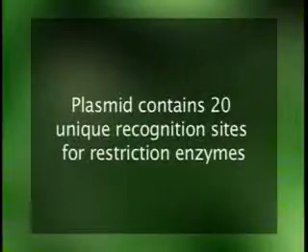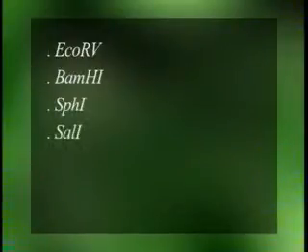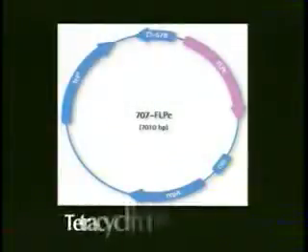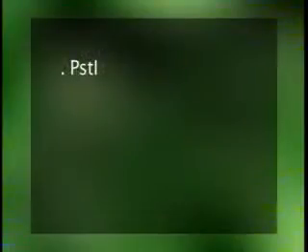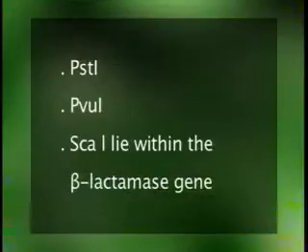The plasmid contains 20 unique recognition sites for restriction enzymes. 6 of these sites, that is EcoRV, BamHI, SphI, SalI, XmaIII, and NruI, are located within the genes coding for tetracycline resistance. 2 sites for HindIII and ClaI lie within the promoter of the tetracycline resistance gene, and 3 sites for PstI, PvuI, and ScaI lie within the beta-lactamase gene.